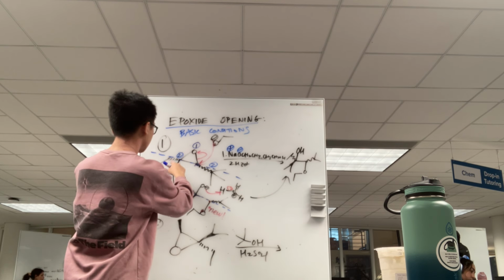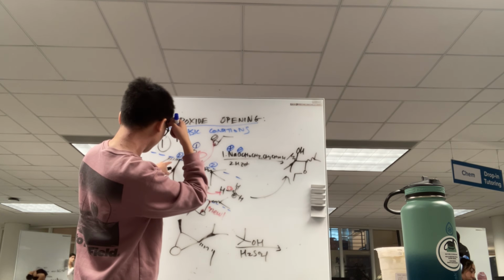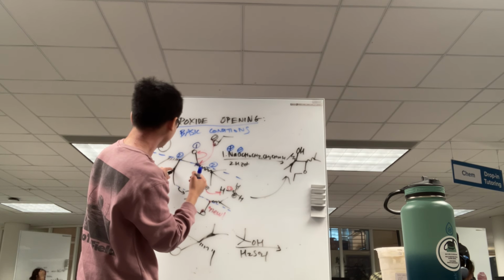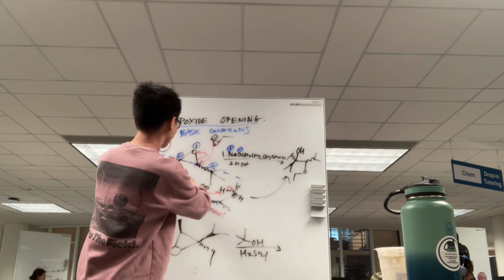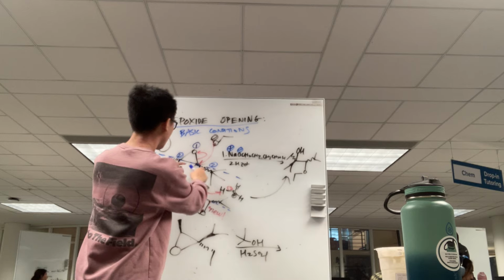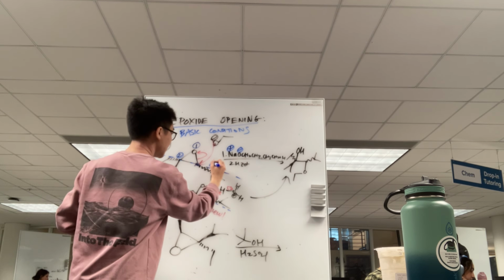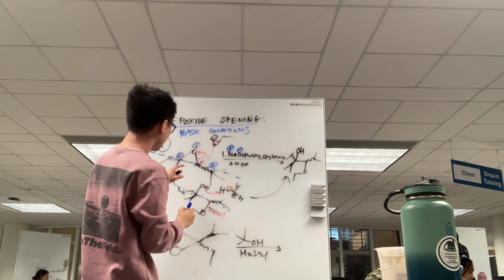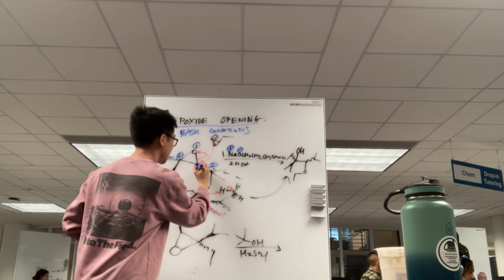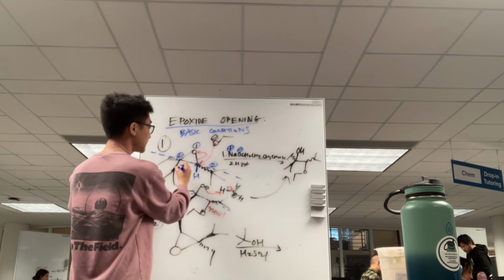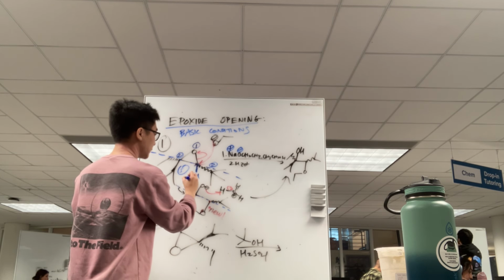This is attached to 2. No, the other one, the left one's 2 because of the oxygen. Have to review that. Oh, right. It's attached to the oxygen right here. I was like 3 carbons, 2 carbons, 1 oxygen. 2, 3. And then 4 is the hydrogen right here. So that's going to be... It looks S. Right, so it's actually R.